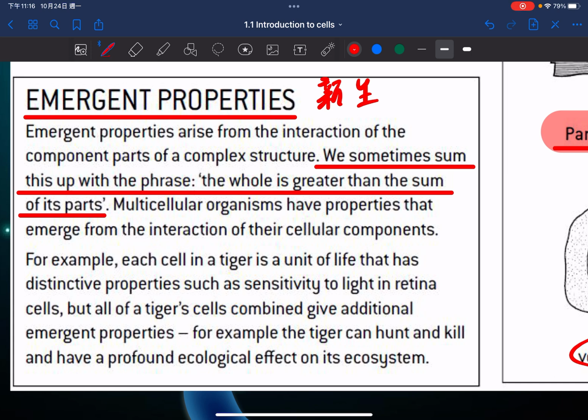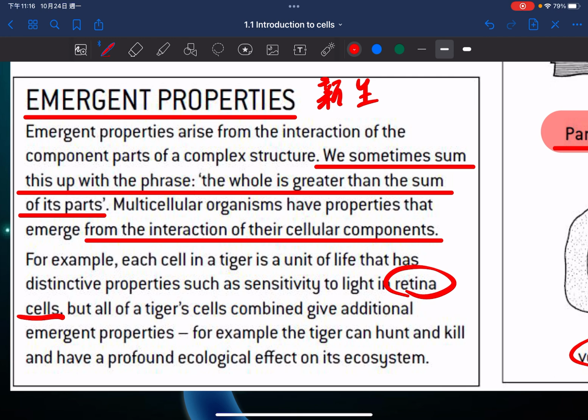Okay, and multicellular organisms have properties that emerge from the interaction of their cellular components. For example, each single cell in a tiger is just a unit, and you don't know what the tiger is. Maybe just like the retina cell, 视网膜.